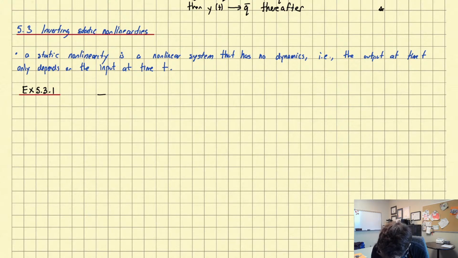So I'm going to use kind of a notation throughout this section, and it's going to look like this. I'm going to have a system and I'm going to talk about these nonlinearities. I'm going to model them as this function phi. And so here we have u, I'll call the output v. So this is a system with input u, output v, and the symbol I'm using for the system is phi. And I'm going to look at 3 different nonlinear examples, 2 of which will be static, 1 of them will be non-static.